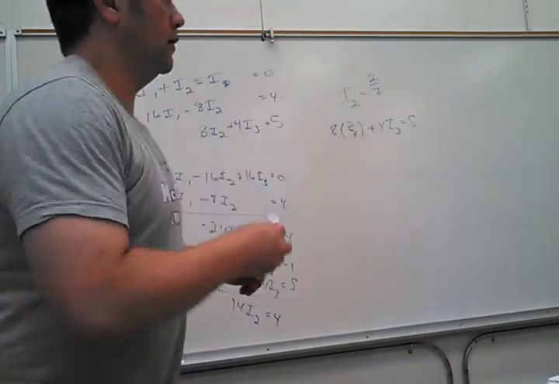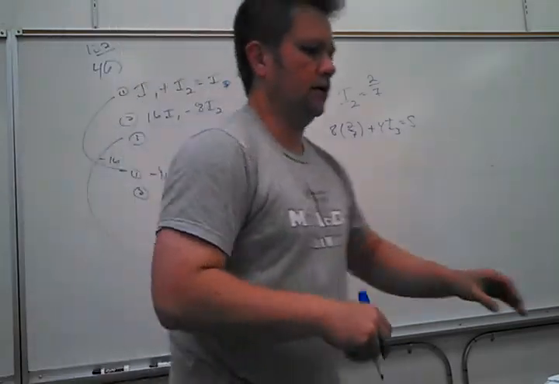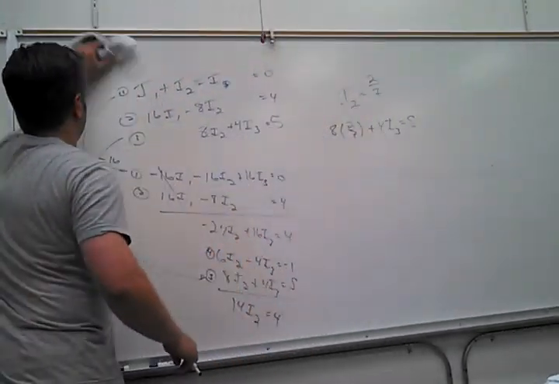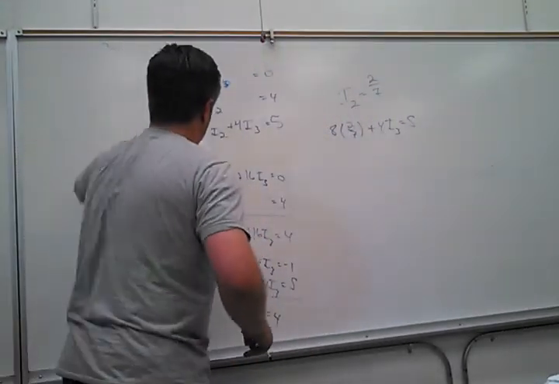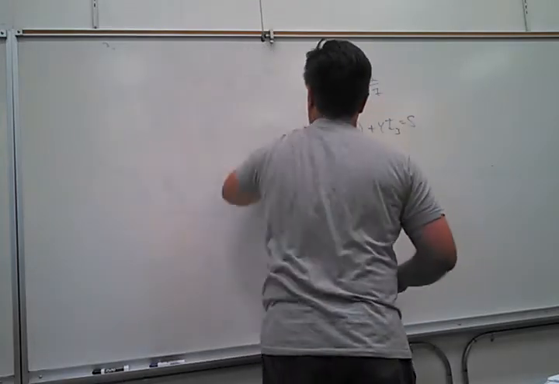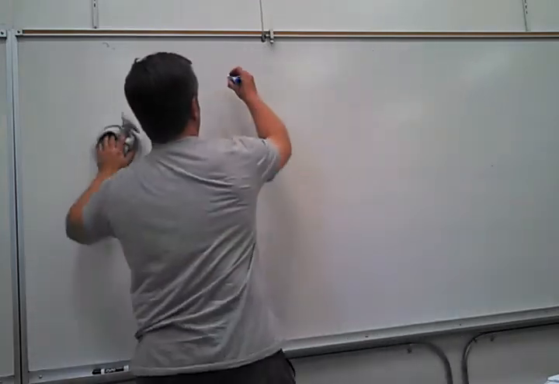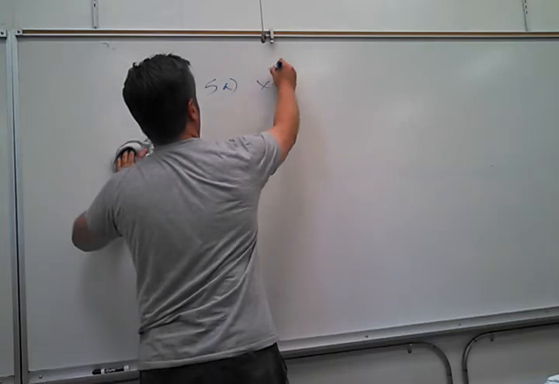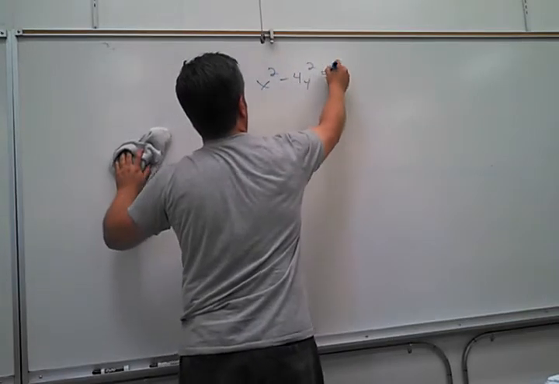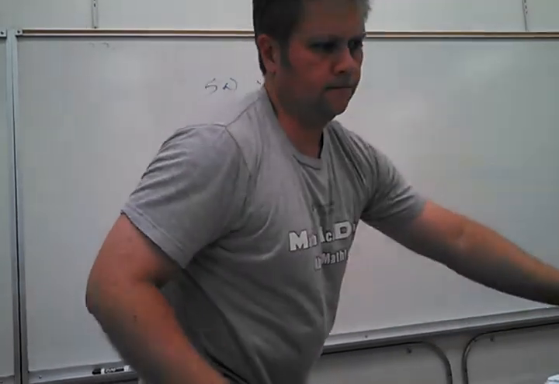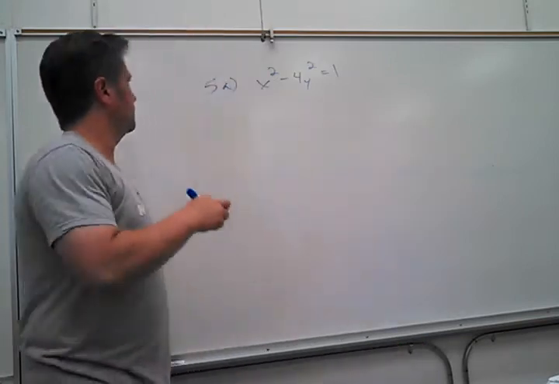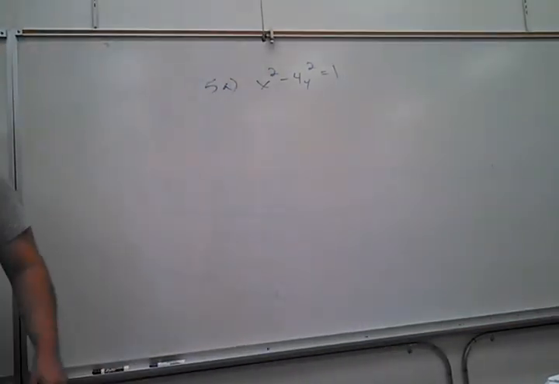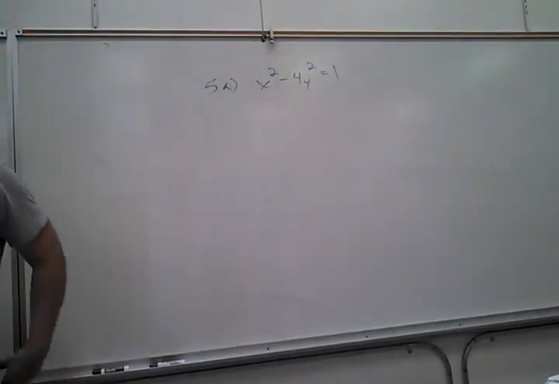In the actual test, you get something like 5A would instead be something like this. What kind of shape would this be?